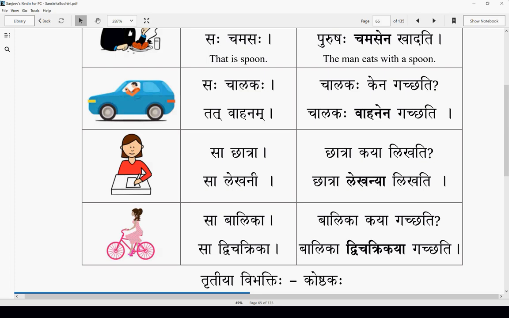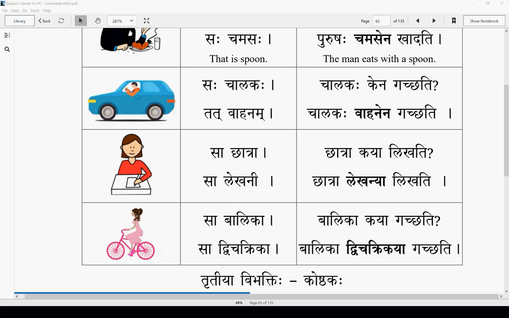Okay. Next one, Sridhar Mahoday. Next two sentences. सा छात्रा सा लेखिनी. छात्रा क्या लिखति? छात्रा लेखन्या लिखति. सा बालिका सा द्विचक्रिका. बालिका क्या गच्छति? बालिका द्विचक्रिकाया गच्छति.